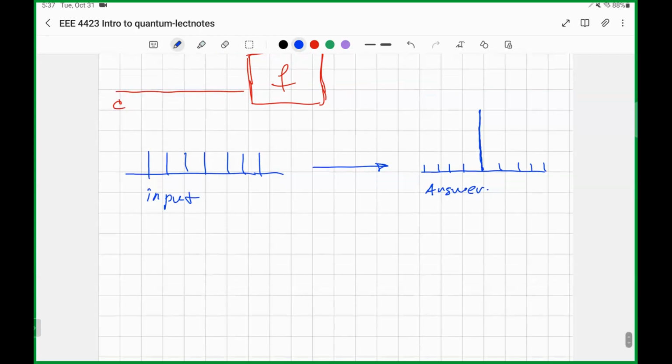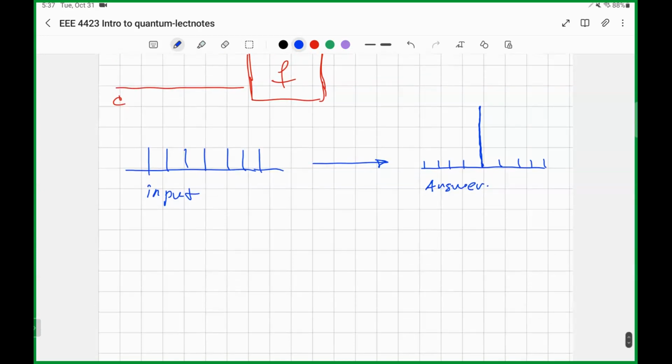Grover's theorem states that this algorithm of searching for such an element is much faster than the classical search over all the elements. We will discuss this probably next week.